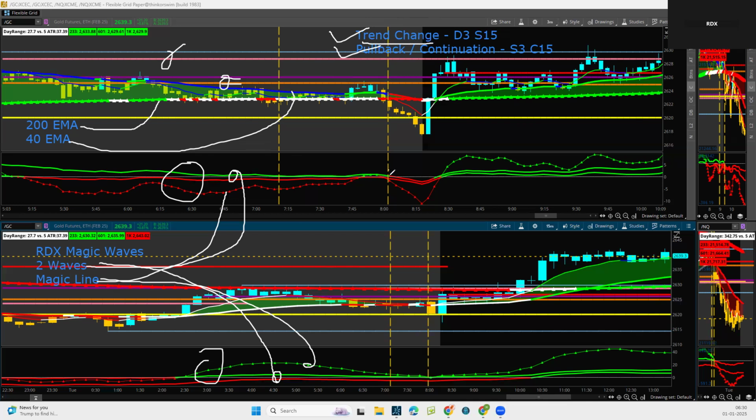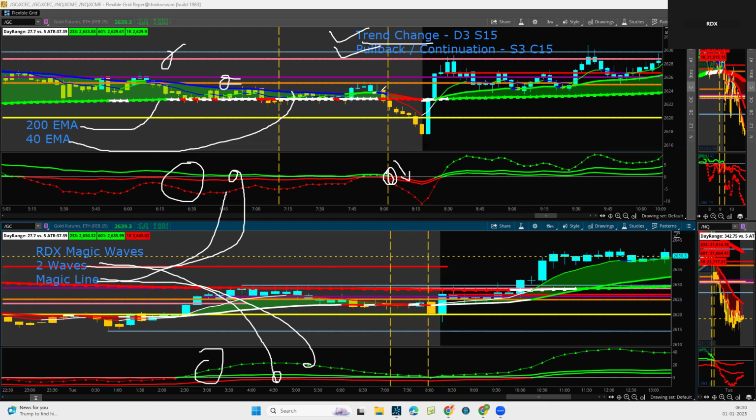Because when both of the waves cross the zero line and they become either from green to red or red to green, in this case green to red, and if the magic line is also red at the same time, that's what I call a trend change, which also means that the trade that I've taken is a short trade here. And if it's a short trade, then I enter on the last of the two moving averages.